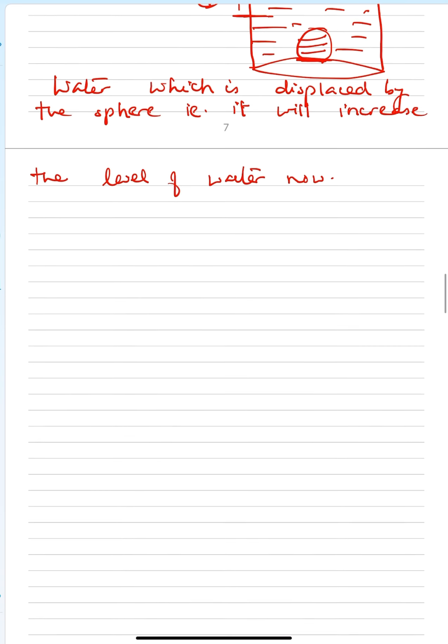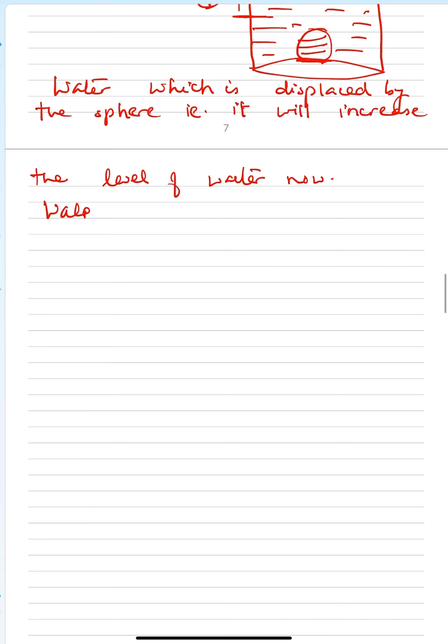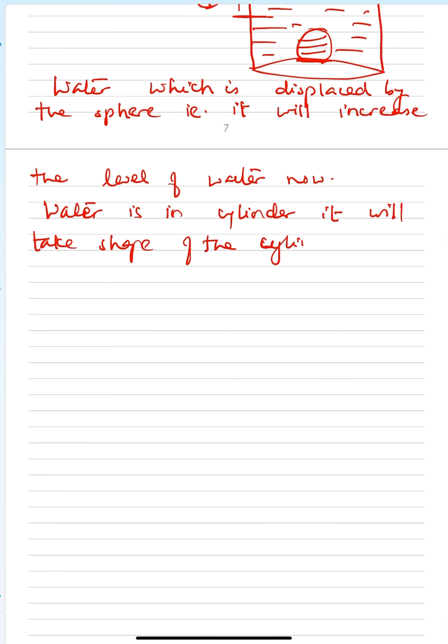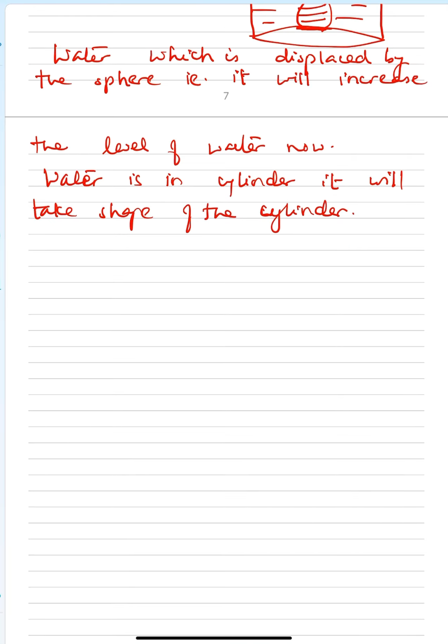Also we know that because the water is in a cylinder, it will take the shape of the cylinder. Yes, so for the water displaced, we can use the formula of volume of the cylinder. But the water which is displaced means this much part, this is the sphere, the water which is displaced, that is equal to the volume of the sphere.